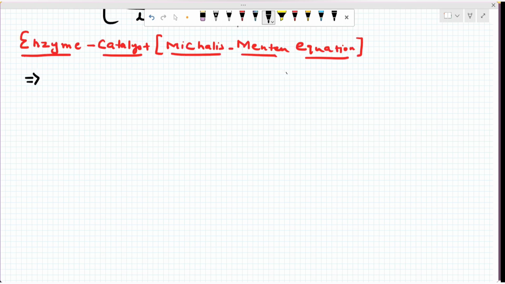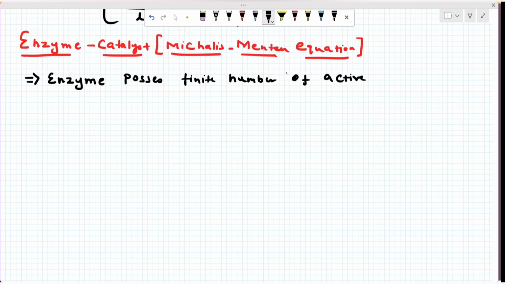Please note. The enzyme possesses a finite number of active sites.